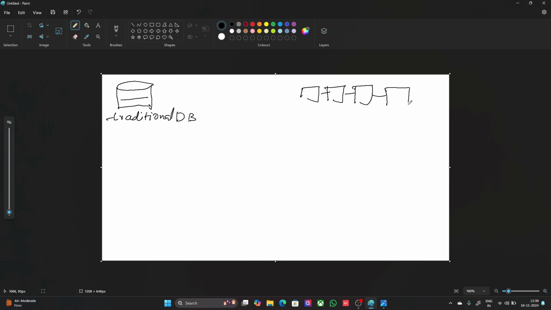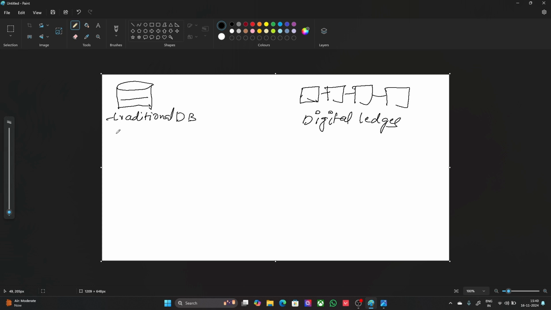Blockchain is a series of blocks which are connected to each other using cryptographic hash. It is a digital ledger.